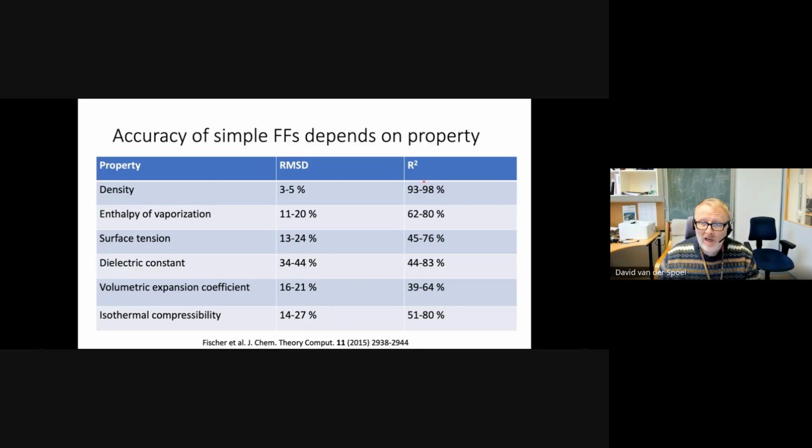And also the correlation is pretty high for some things like the density, but for more difficult things like compressibility, this is quite a bit lower. And that means that the density may be quite okay at room temperature, but if the compressibility is not okay, that means that the temperature dependence is also not very good.